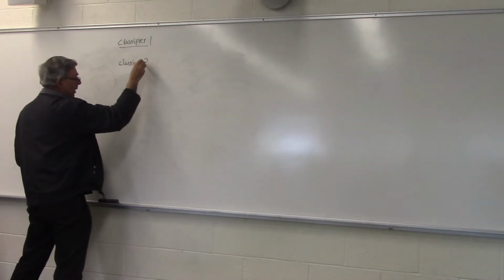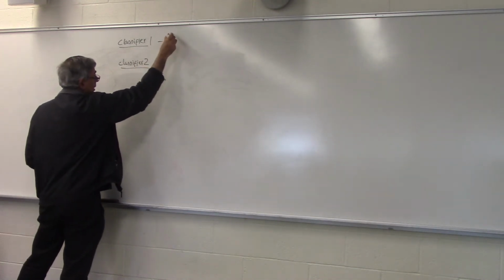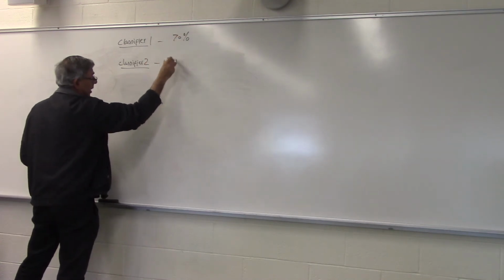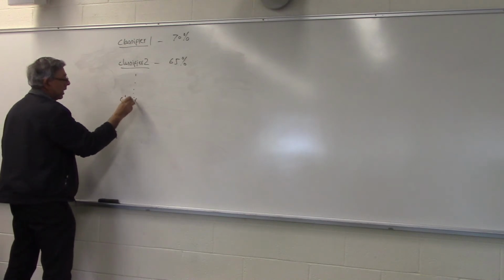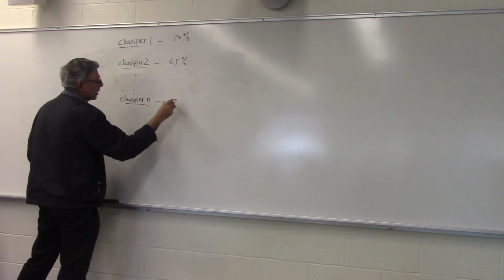So we pick another classifier. Let's pretend this is 70% accurate. This is 65% accurate, right? And let's say classifier N is again maybe 75% accurate, right?